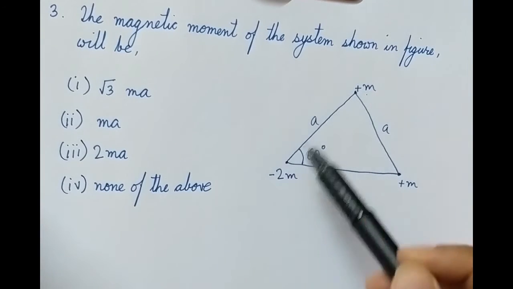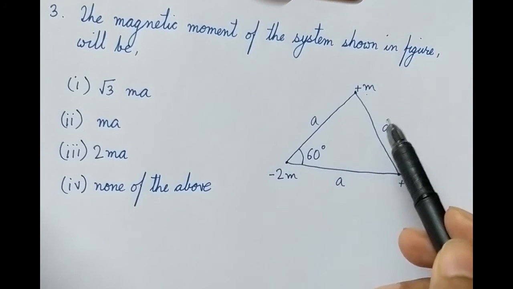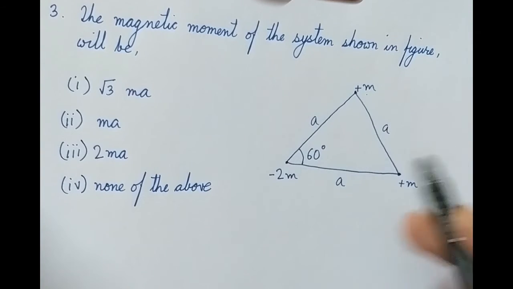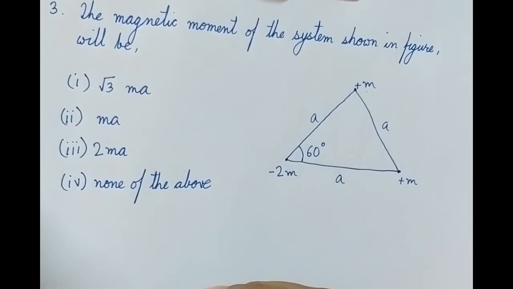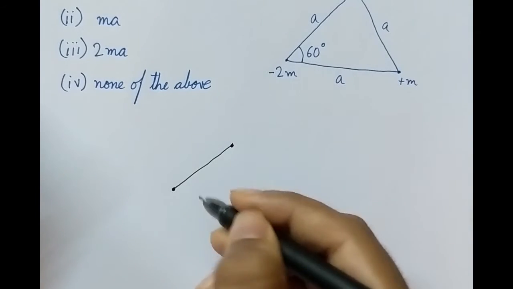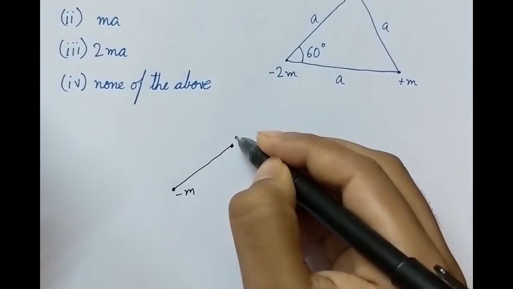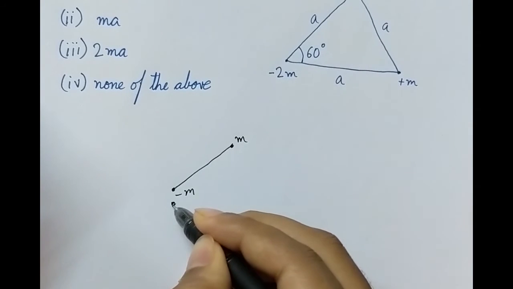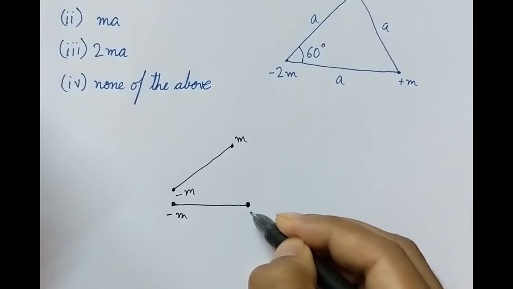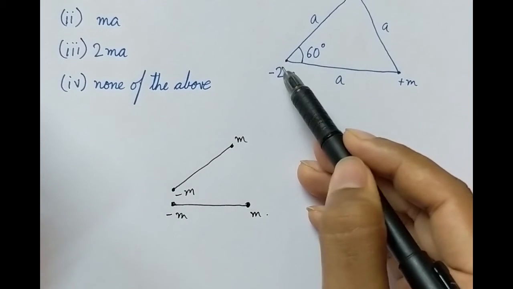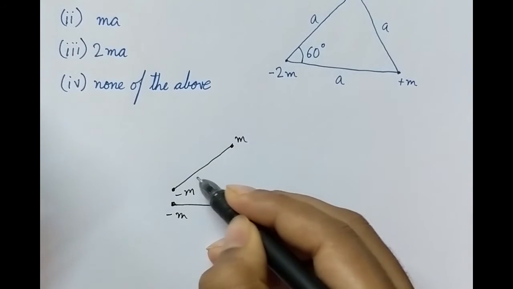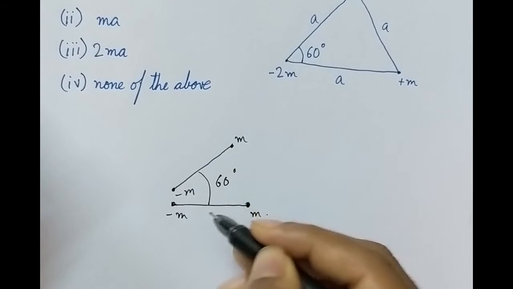So if you want to find the resultant magnetic moment of this entire arrangement, the way to do this is, instead of treating this as one single piece, consider that this arrangement is actually two different magnetic dipoles, minus m plus m, and another magnetic dipole, minus m and plus m, like this. So we are breaking up this minus 2m into 2 times minus m, so that now I can have two separate dipoles such that the angle between them is 60 degrees.